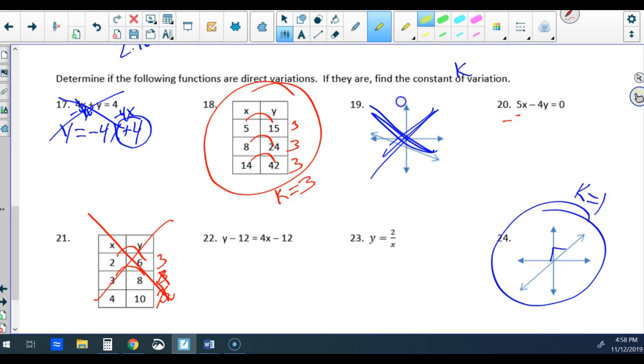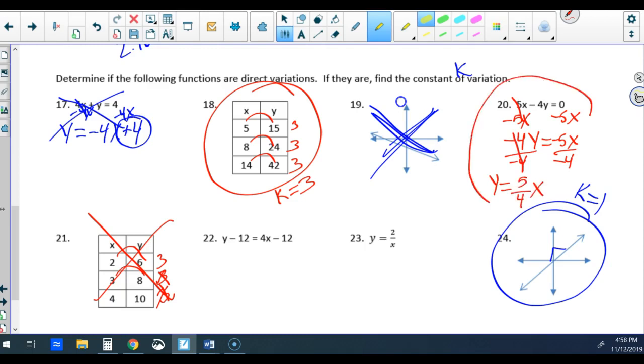Number 20: if I get y by itself, I have negative 4y equals negative 5x. Divided by negative 4, then we get y equals 5/4 x. Yes, that is a direct variation. k equals 5/4.